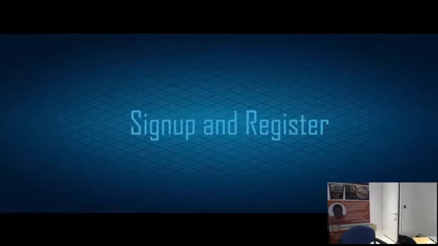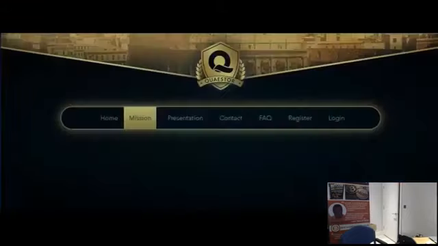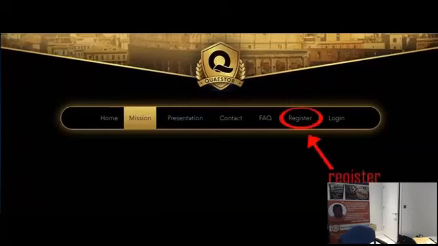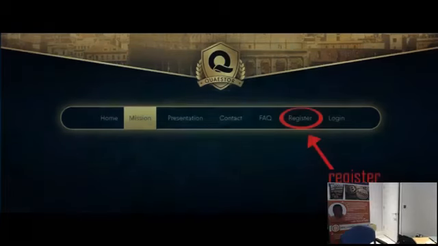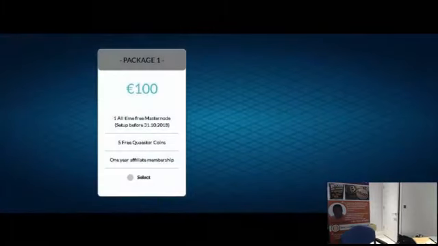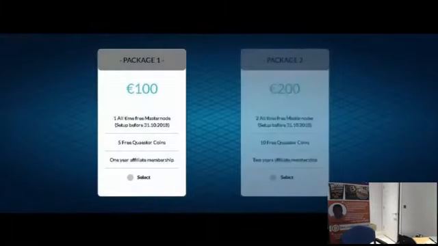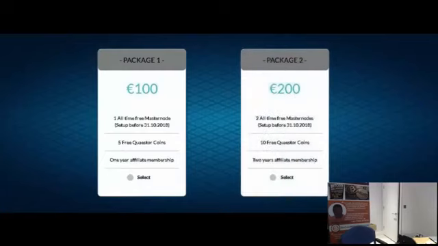Number 1, sign up and register by opening an account with Quaestor Solutions on their register page using the link from whoever referred you to this opportunity, by purchasing one of our 2 packages, either package 1 for 100 euros or package 2 for 200 euros.